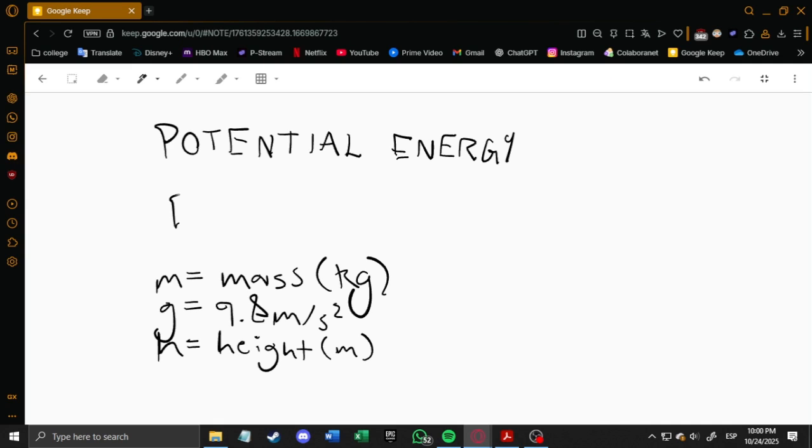So the formula for potential energy is equal to the mass times the gravity times the height. Gravity is acceleration downwards, and it's always 9.8 meters per second squared, with mass in kilograms and height in meters.